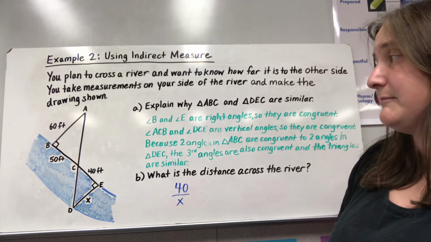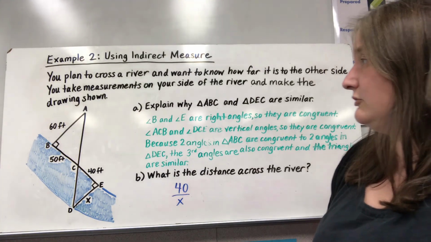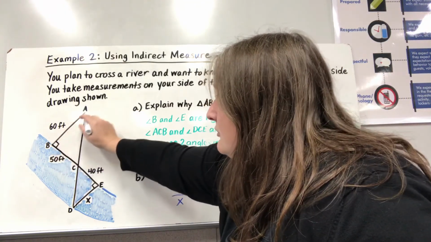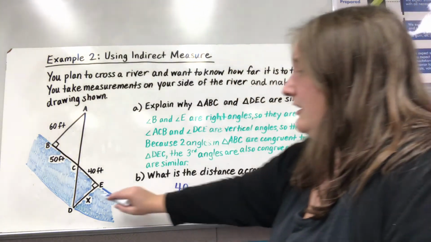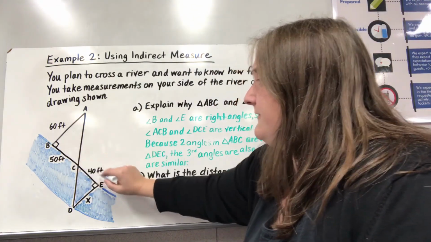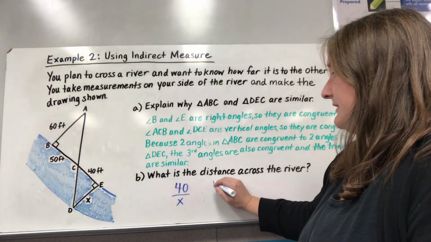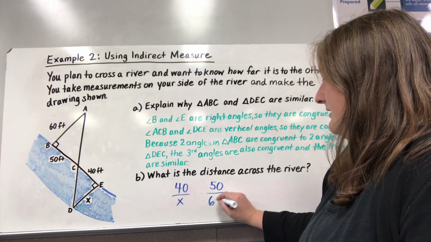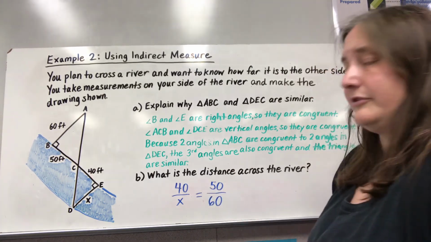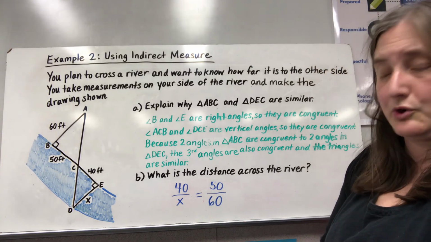And then I can do the same thing for my two sides here. Got these two that are making up my right angle. So the x and the 60 match, and the 50 and the 40. So I'm going to do it in the same order, 50 over 60. And since they're similar, their sides should also be proportional.